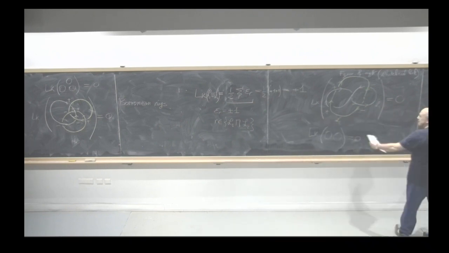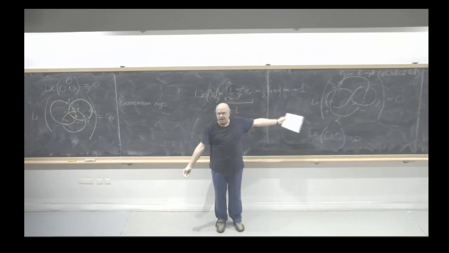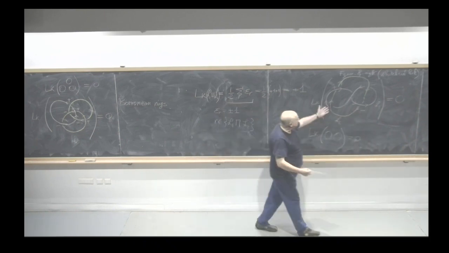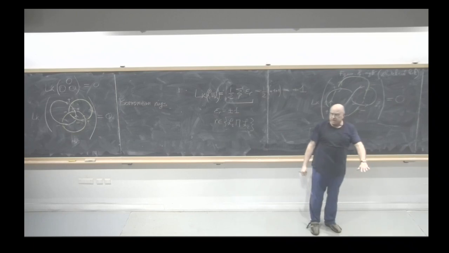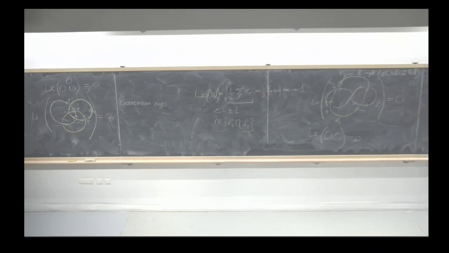One, linking number is not enough, because you see simple links, as simple as 4 crossings, 5 crossings, we have already a problem. Linking number is not capturing, distinguishing this from the unlink. And the other problem that in disguise I left here for you is that we don't have any information for a knot.